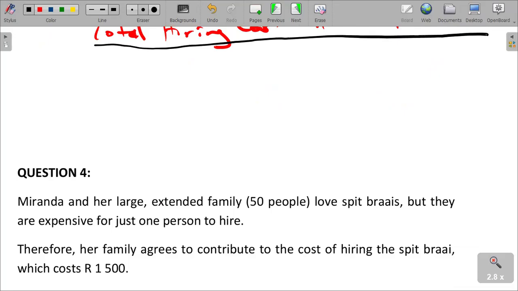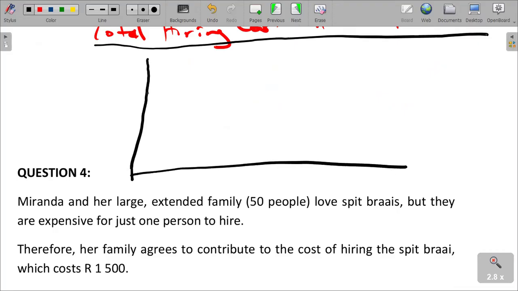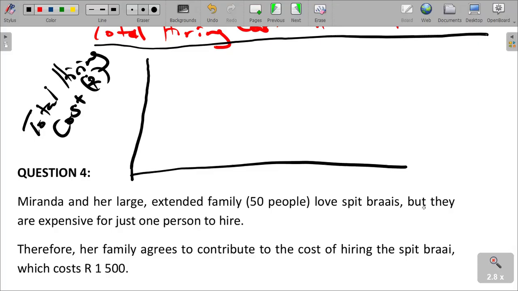We can have our table, which we can do fast. Here we are saying total hiring cost on this side, which you should not forget is in rand, and then we have number of days on the horizontal axis.